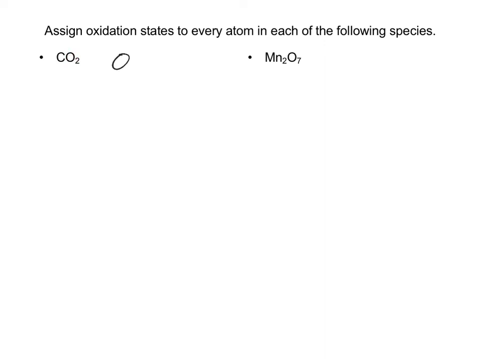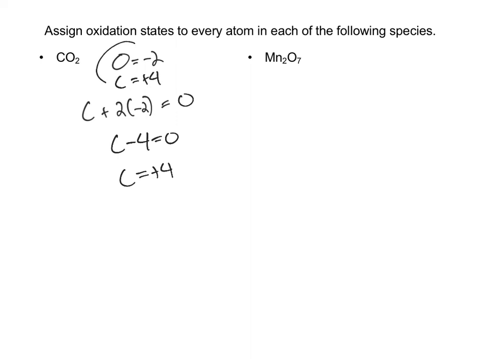So oxygen is going to be -2. I have 1 carbon, 2 oxygens at -2. Right now it has to add up to be 0. So C minus 4 is 0. So in carbon dioxide, the carbon's oxidation state is plus 4.